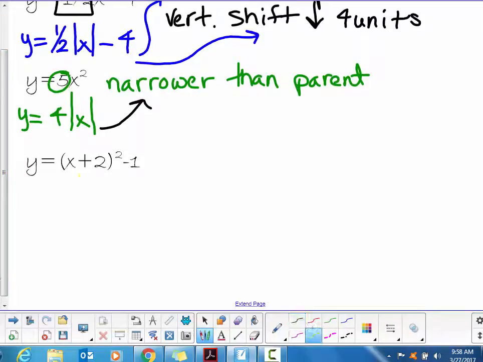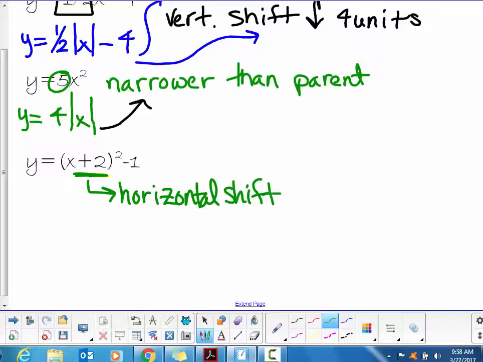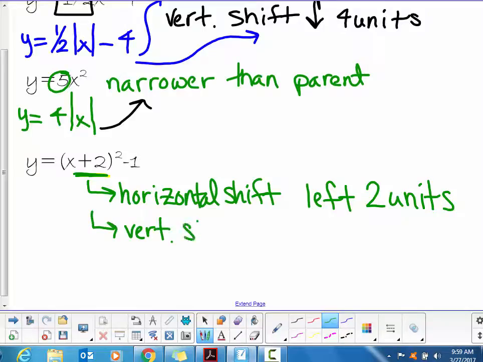Y equals the quantity x plus 2, squared. Remember that when we talk about quadratic functions, what happens inside the parentheses represents the horizontal shift. And remember, what happens inside the parentheses is opposite. So the plus 2 means I actually move left 2 units. I also have a vertical shift with the number outside of the parentheses.